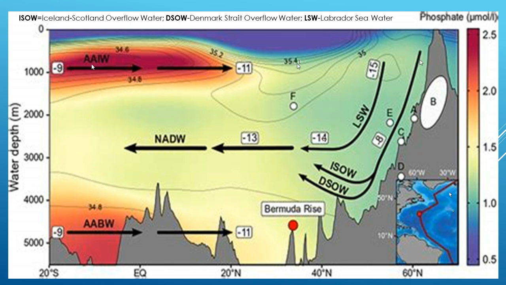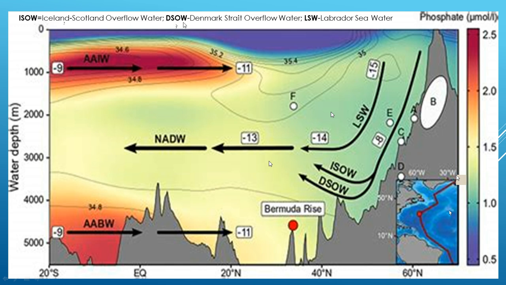So, for example, we have the LSW. The LSW is the Labrador Sea Water. Right? Then you have the ISOW and the DSOW. Okay, the ISOW is the Iceland-Scotland Overflow Water, right? Presumably Scotland, right?